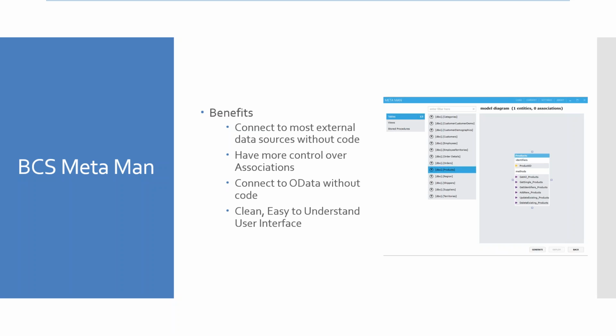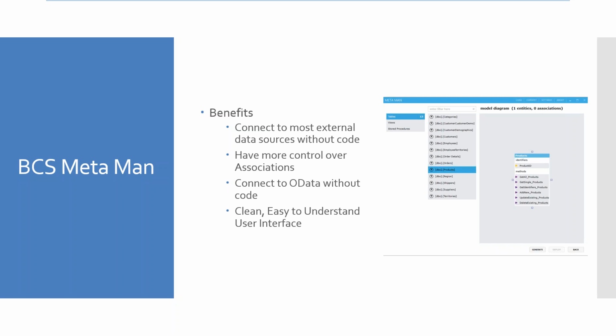That's known as compiled code. So you can create a .NET assembly that allows you to expose that data to SharePoint, or you can create what's known as a BDC model file, a BDCM file, and that is basically XML describing how you're going to connect to your data and bring it into SharePoint. So both of those two options require code of some sort.